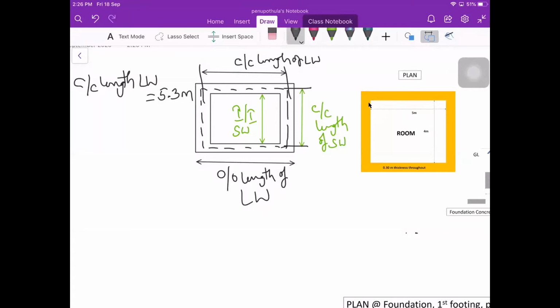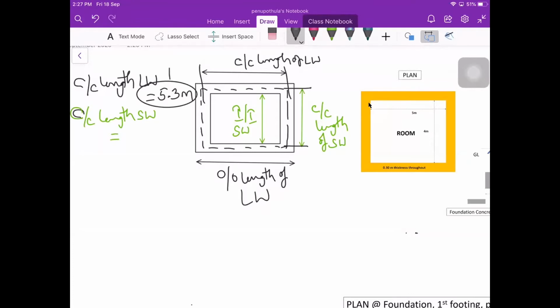Next, the second one is the center to center line length of the short wall. Did everyone know how we got this 5.3 here?